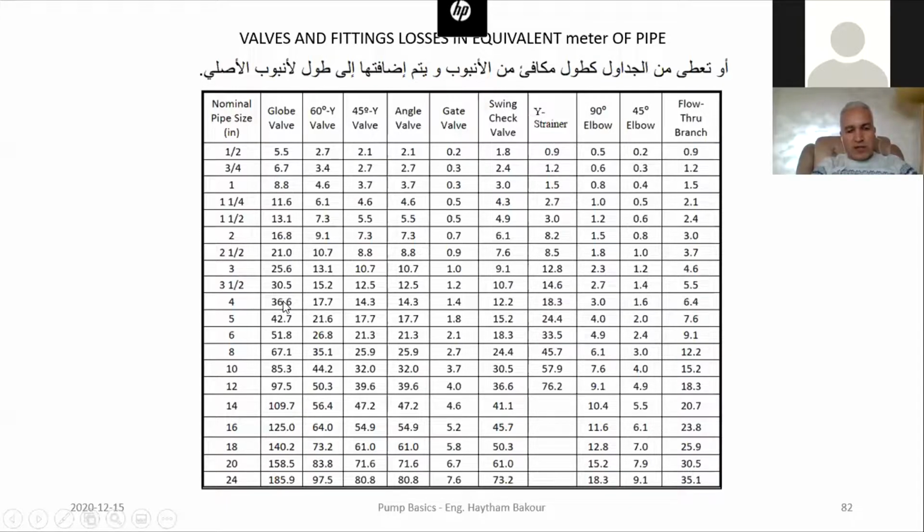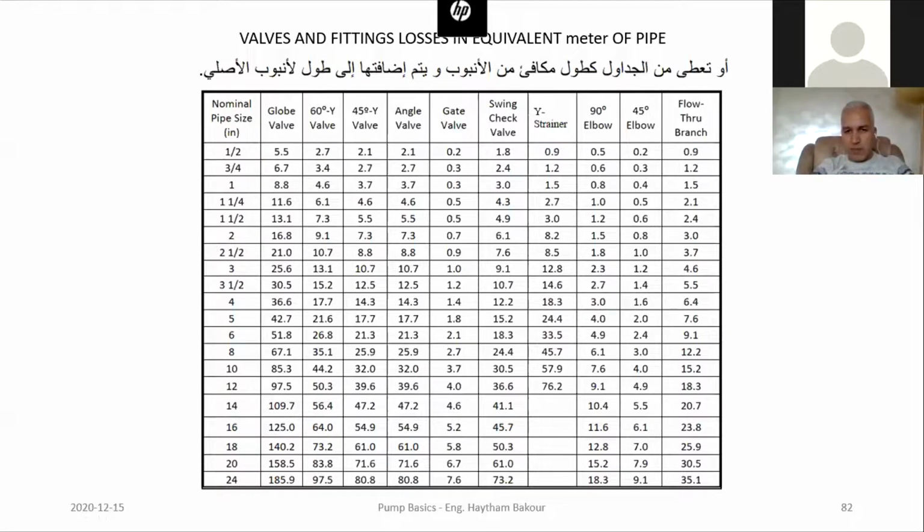we have a globe valve, so the losses are 36.6. We have it on site, and then if we have a gate valve, the losses are 1.4. Then if we have 3 elbows, 90 degrees, we have 3 multiplied by 3, which is 9 meters. Then we sum all those, and we have the total value of these losses.